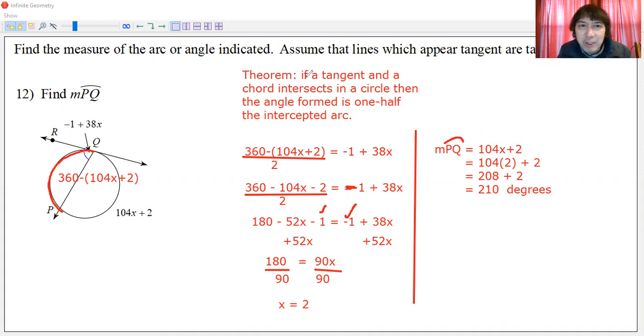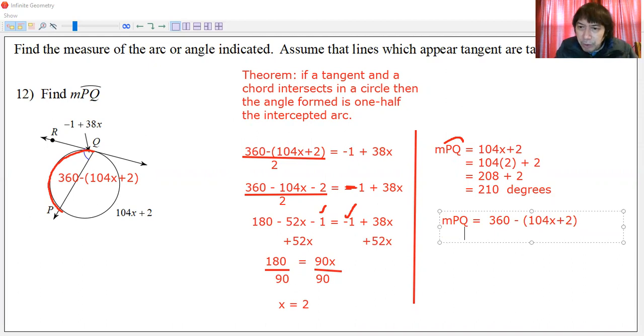Now, if we get the other arc PQ, which is related to the angle, we're going to solve both of them. This other arc PQ is equal to 360 minus 104x plus 2. But we already know 104x plus 2 is 210.